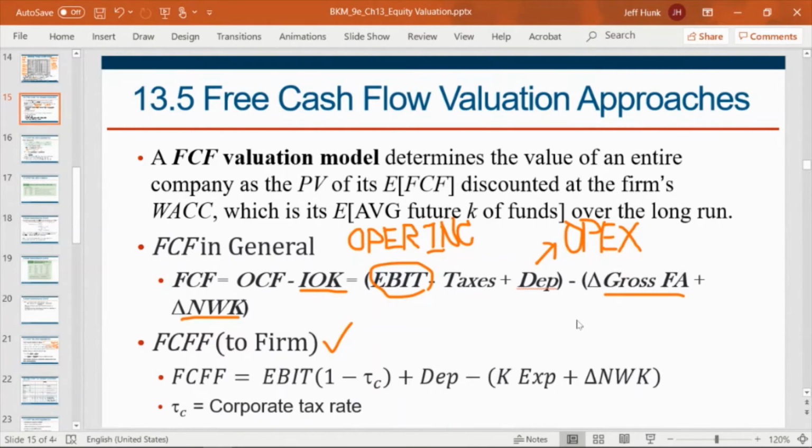So there are three types of projects that a company can engage in: first one is simply replacement, second one is expansion, third one is venture.